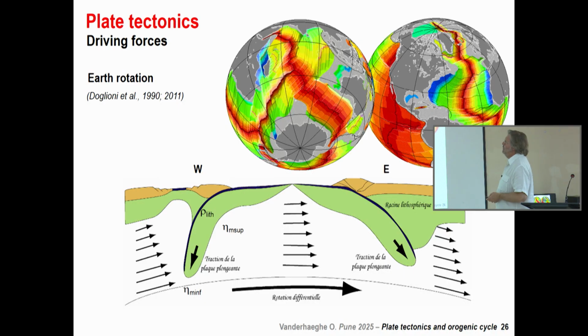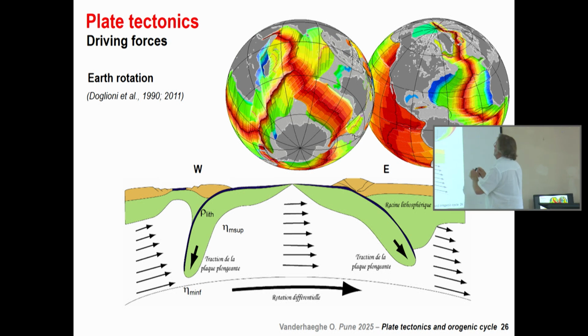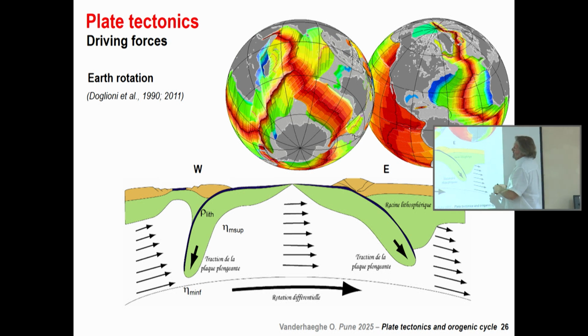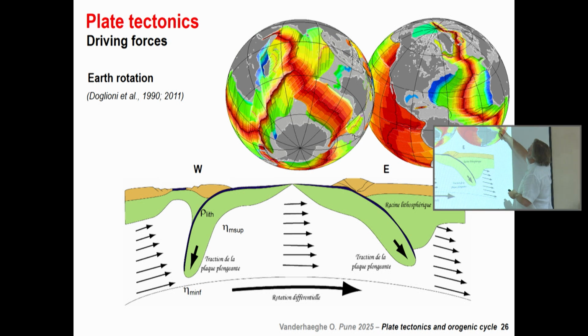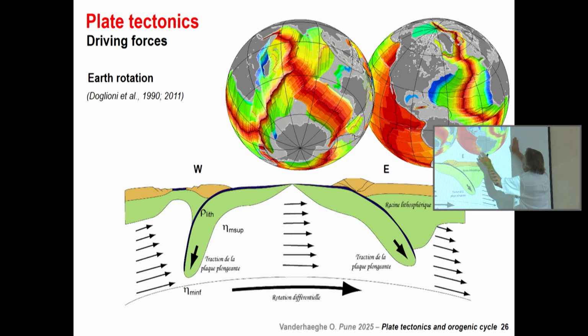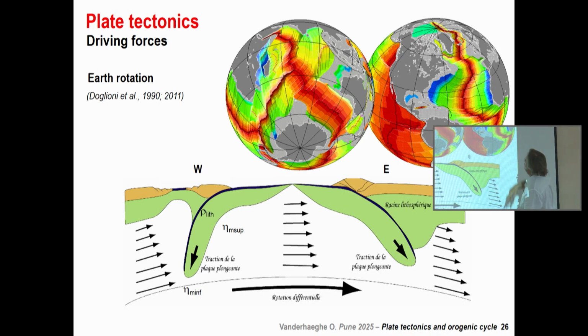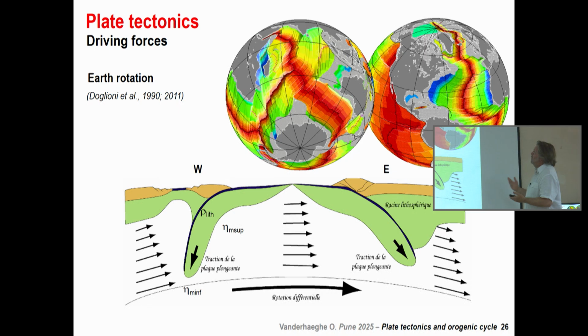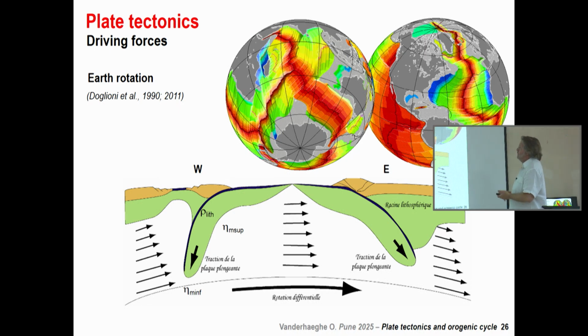So the driving force for plate tectonics. Yeah, the last one, so I came a bit onto it, is Earth rotation. And I think the fact that the Atlantic is really consistent with the axis of rotation of the Earth is compelling.